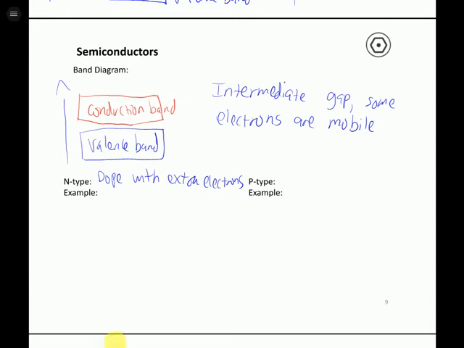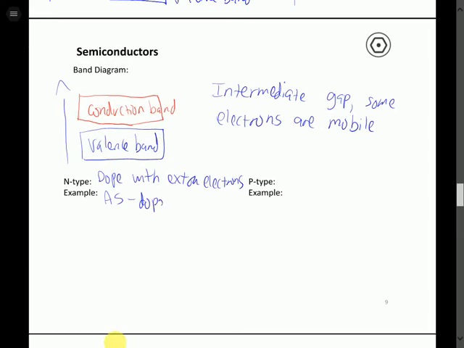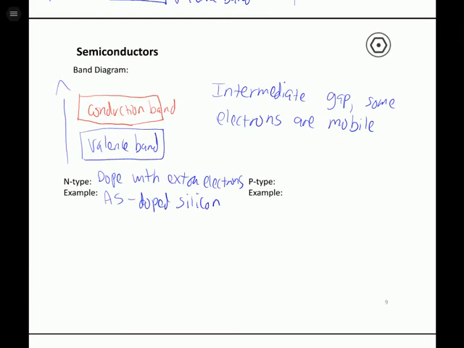And if we take silicon and we dope it with arsenic, so that means we're going to substitute some of the silicon atoms with arsenic. So arsenic is to the right of silicon on the periodic table. It has 1 more electron than silicon, 1 more valence electron. So when we replace some of the silicon with arsenic, we're going to have some extra electrons in the structure.